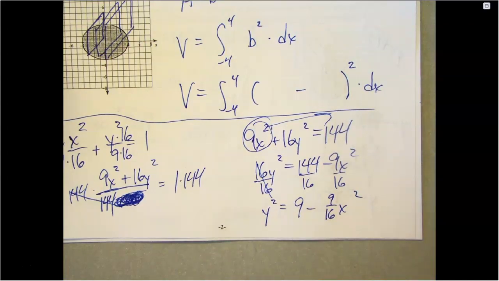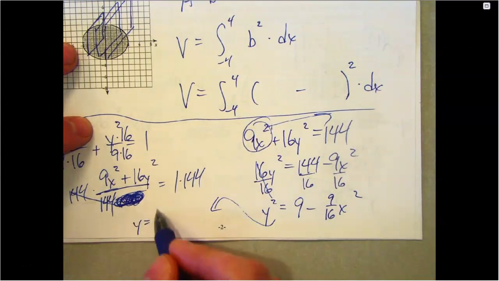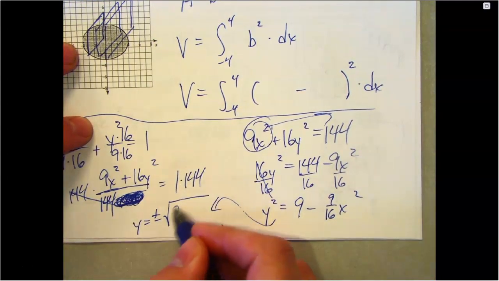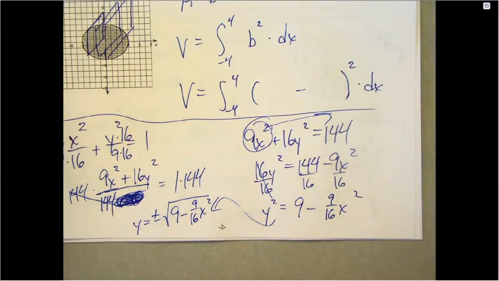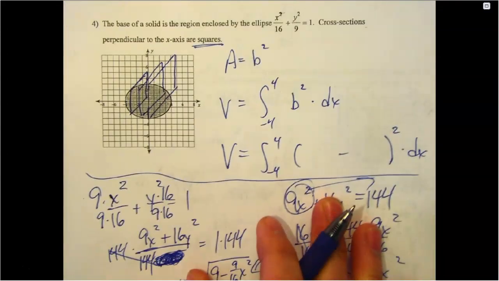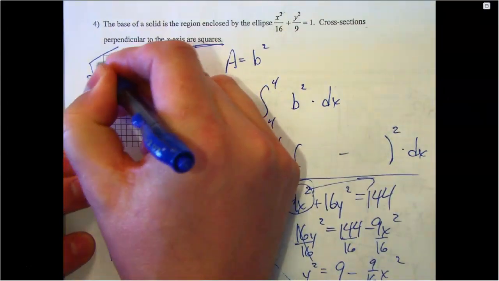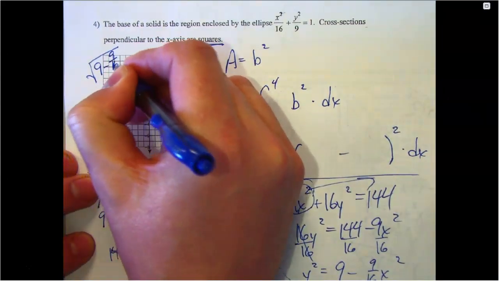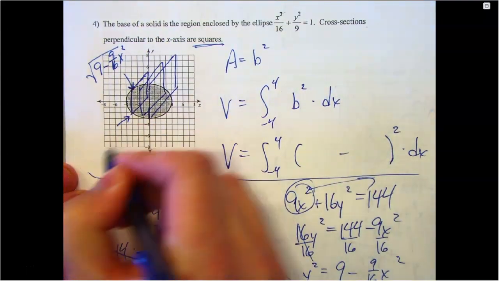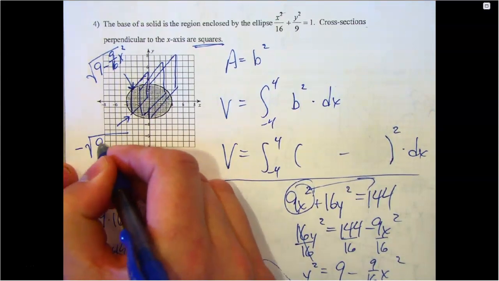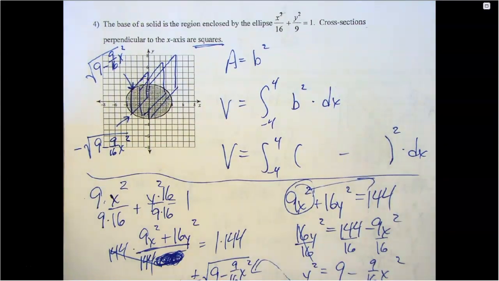Then what do we do? Root it. I'm going to run out of room. I'm going to have y equals plus or minus square root of 9 minus 9/16 x squared. So again, you got your top and your bottom. This piece up here is the square root of 9 minus 9/16 x squared, and this piece down here is the negative square root of 9 minus 9/16 x squared.